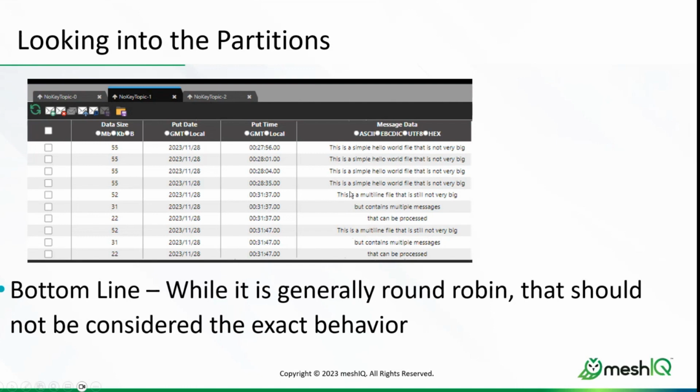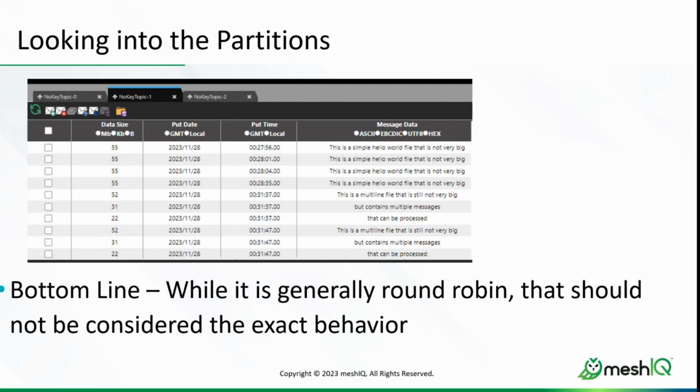Remember I originally said that you're not guaranteed to have non-keyed messages appear in the same partition. In my particular case, all 3 of the messages that were put together ended up going into the same partition. But that's a random behavior.